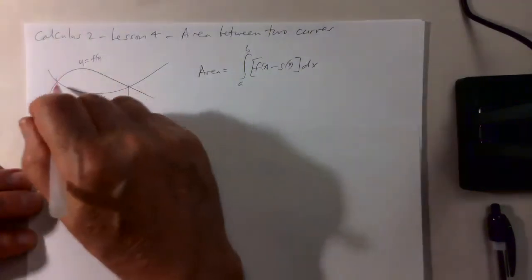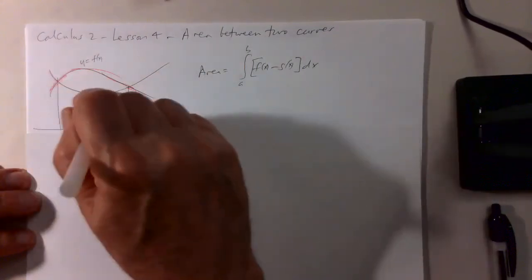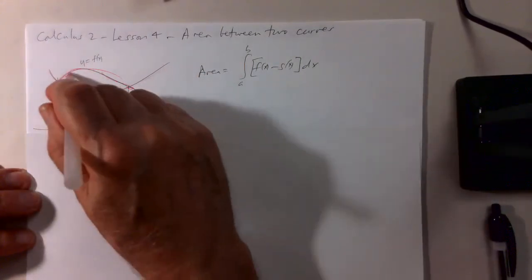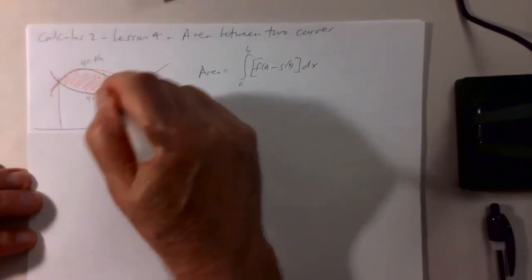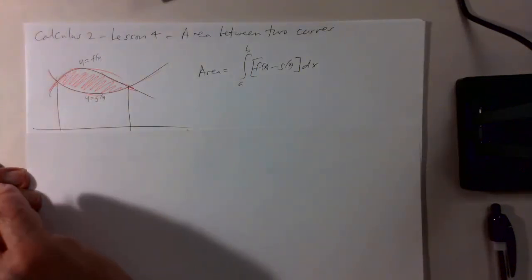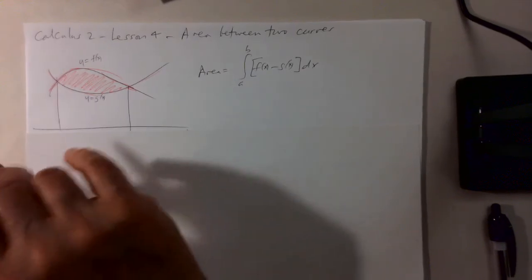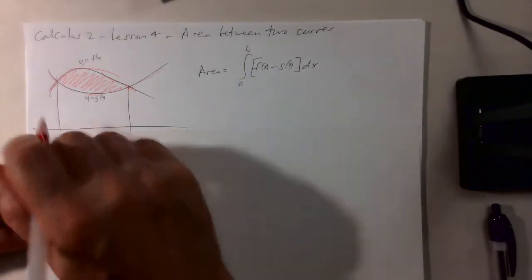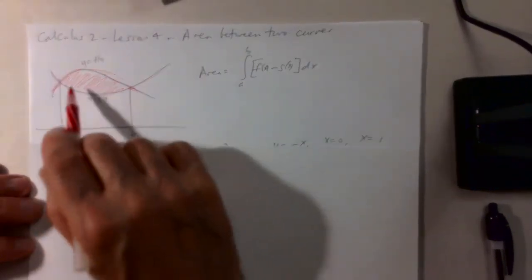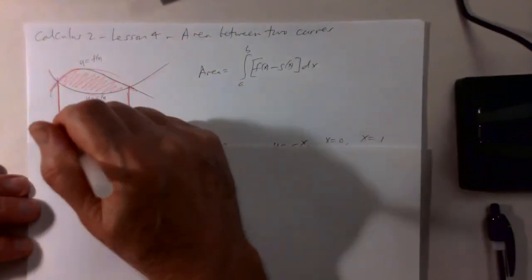Let's say we have a function y equals f of x, and another function y equals g of x, and there's this region between them. And we want to calculate the area. So in the simple case that I've drawn here, where both functions are non-negative, the integral from a to b of f of x is the area of this whole region.